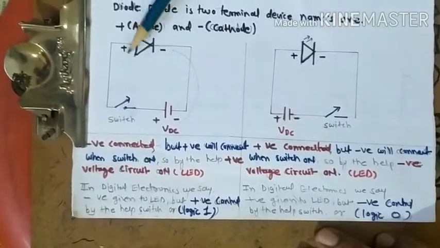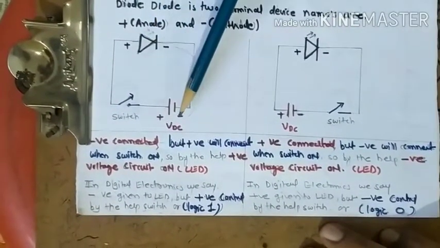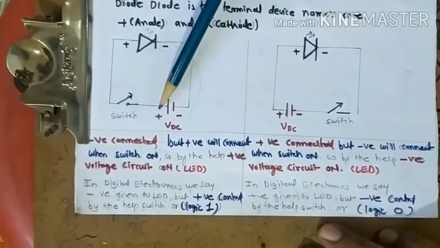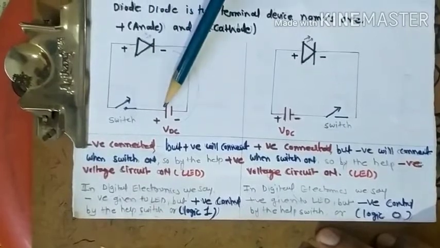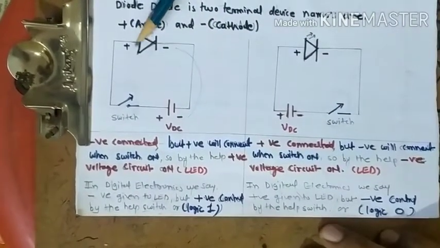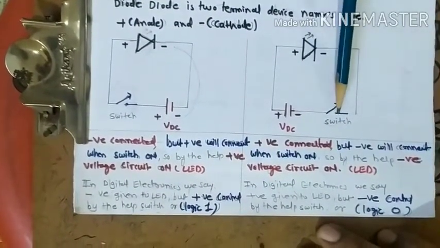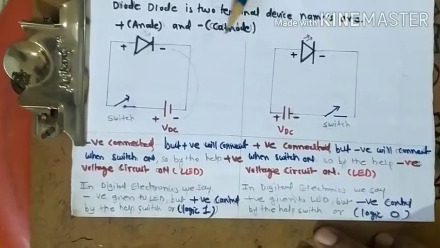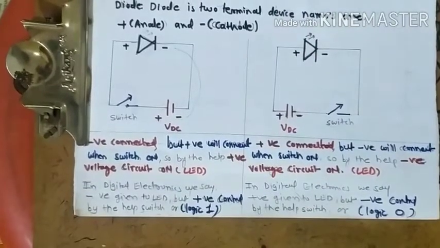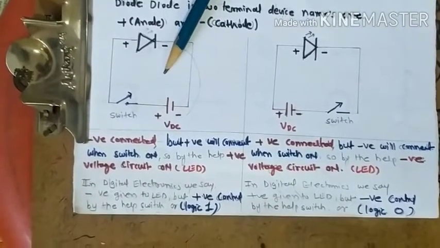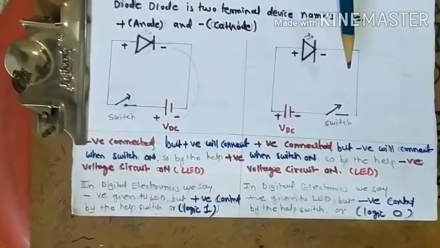We know that both cases require supply voltage, one positive and one negative. By the help of this switch we can give positive supply, and by the help of this switch we give negative supply. In both cases we control different voltage. Here we control positive voltage, here we control negative voltage.